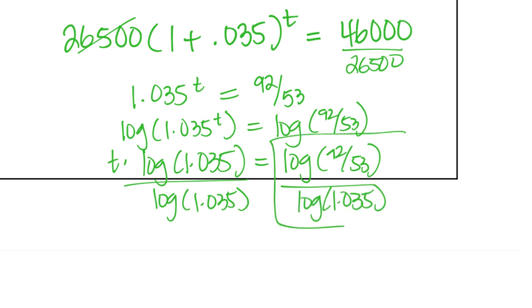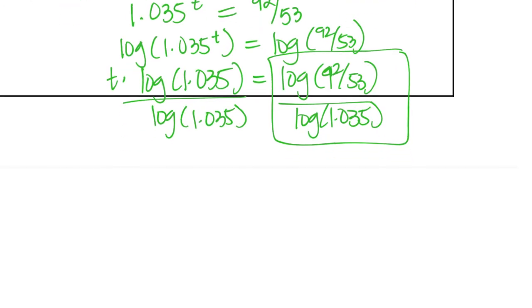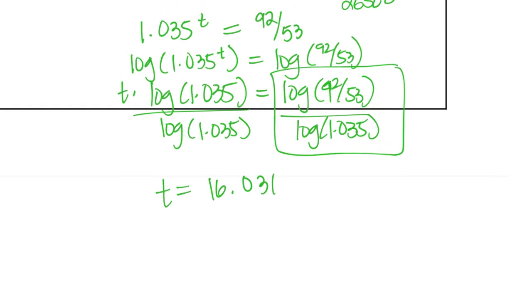So this is what we need to type into the calculator to get our answer. So let me do that for us right now, and I will tell you what I get. Okay, so I get 16.031.